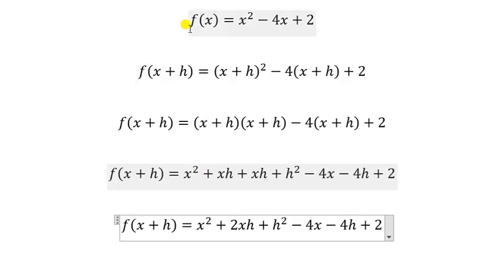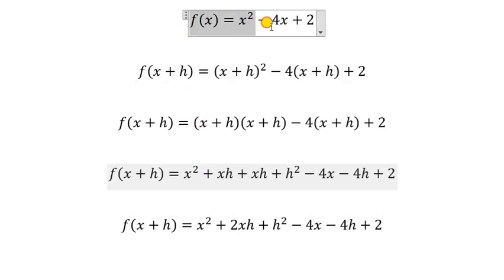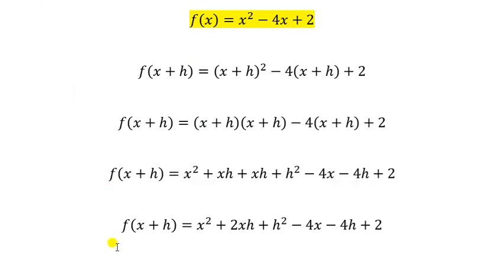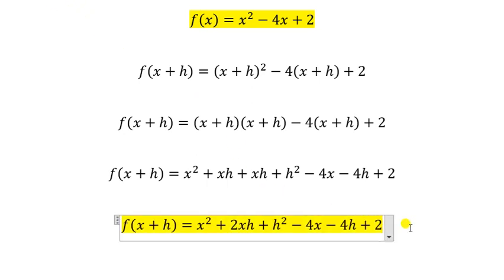So we have two important functions. F of x equals x squared minus 4x plus 2. Let's highlight it. And we have f of x plus h equals x squared plus 2xh plus h squared minus 4x minus 4h plus 2. Let's highlight it as well.